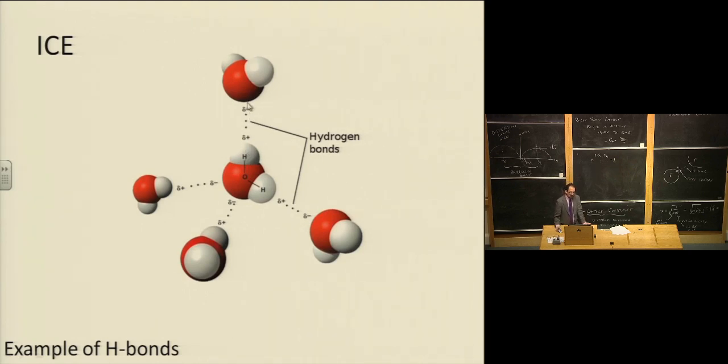That bare proton polarizes this other electron over here and this other electron here on this oxygen and attracts the oxygen, making a very weak dotted bond to this big red oxygen sitting over here. And this, it's a weaker bond. It's a much weaker bond than a covalent bond or an ionic bond, but it's strong enough to freeze ice, below zero. So it's a strong enough bond to do some interesting things.